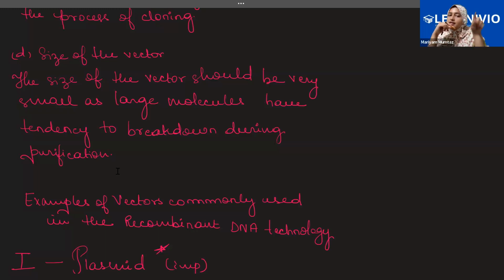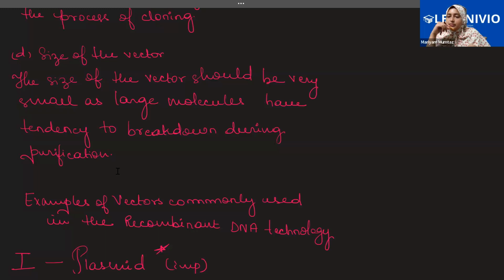Now, all of this recombinant DNA technology that we are discussing, where do we do it? In which organism? Lab rats? No, not lab rats. Lab rats are also genetically modified, but these vectors, the creation of vectors, where is it done?